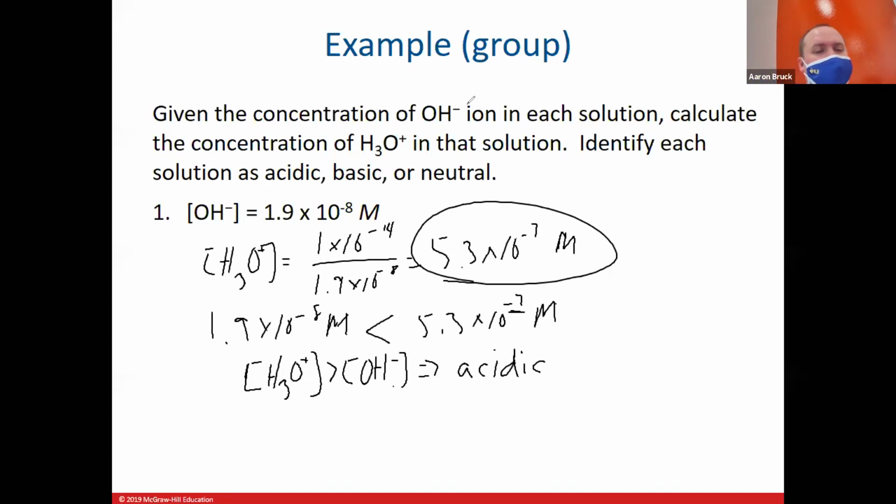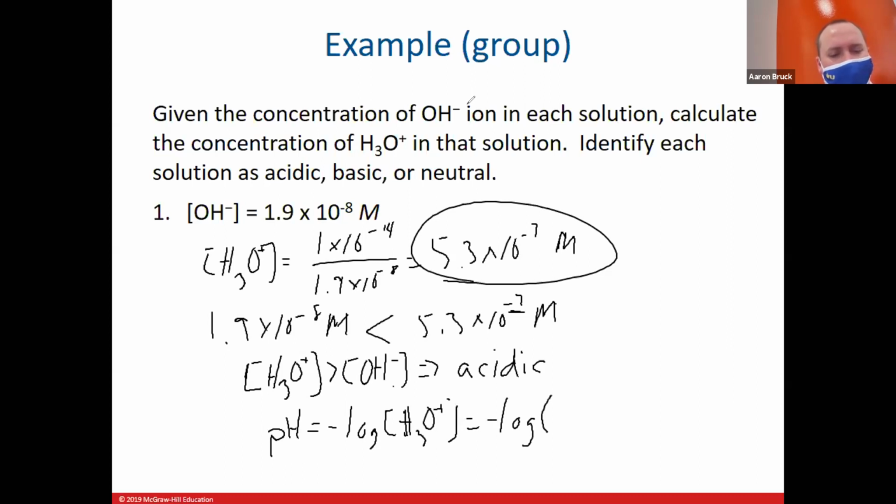Now, the other way I could have done this is I could have calculated the pH. pH is equal to the negative log of the hydronium concentration, which would be the negative log of 5.3 times 10 to the negative 7th.